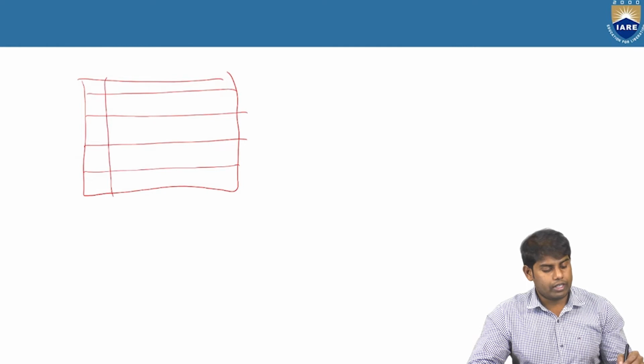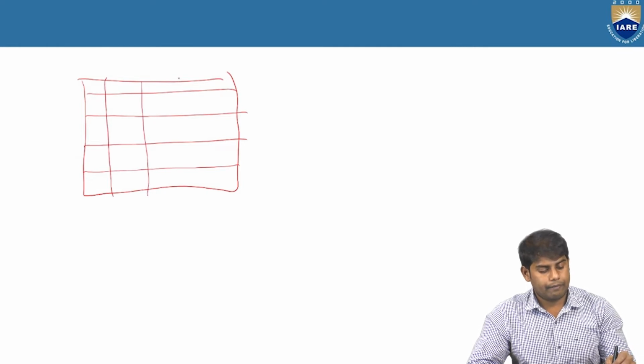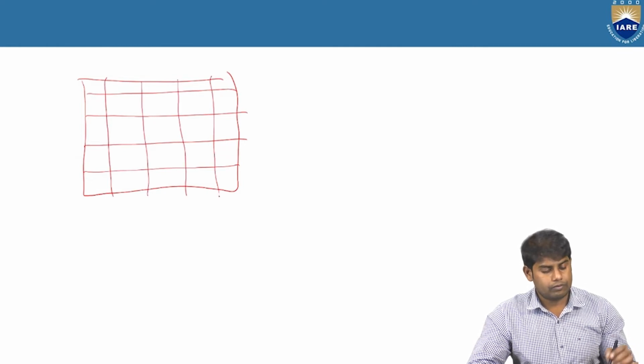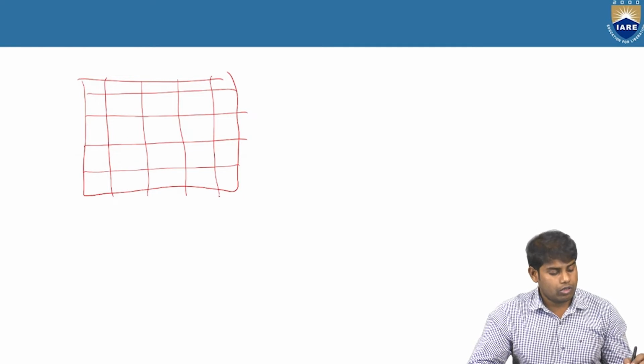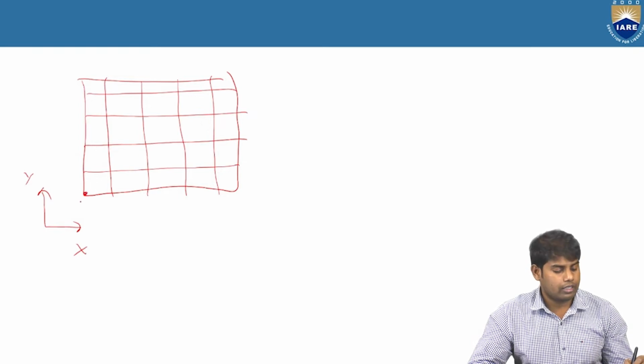and let's draw y lines. Let us draw the coordinate axes also. This is the x axis and this is the y axis. Let's say this is 0 comma 0, the origin. Here you have 1 comma 0, here you have 2 comma 0.